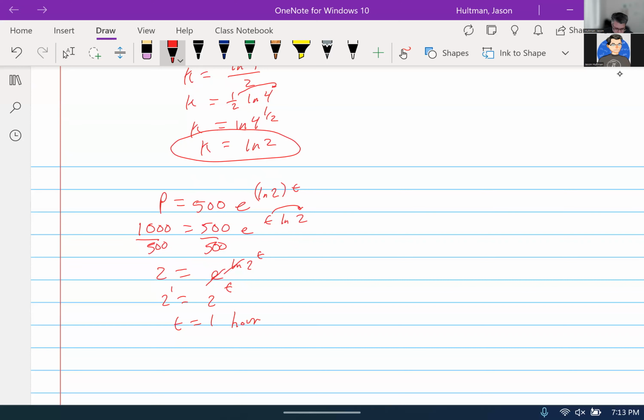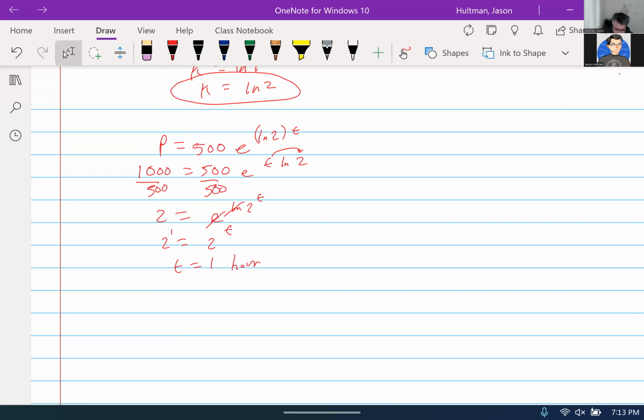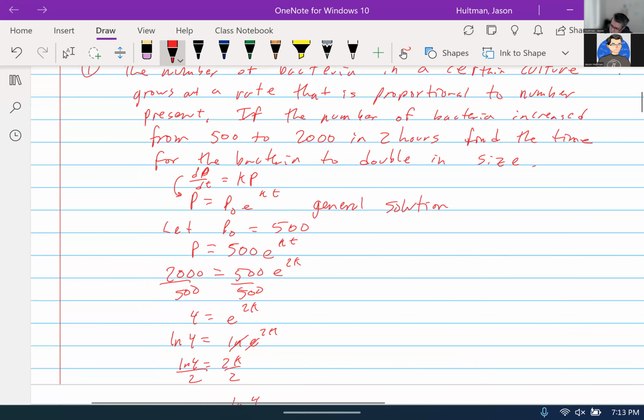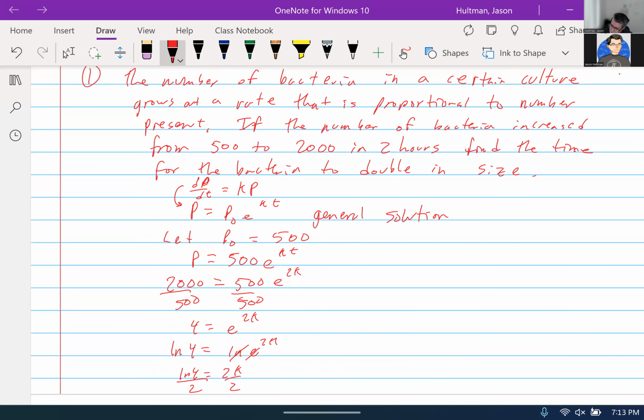So it will double every hour. So find the time for the bacteria to double in size.